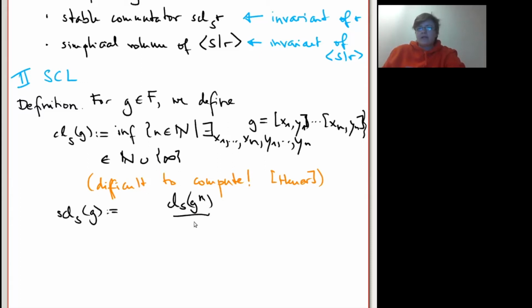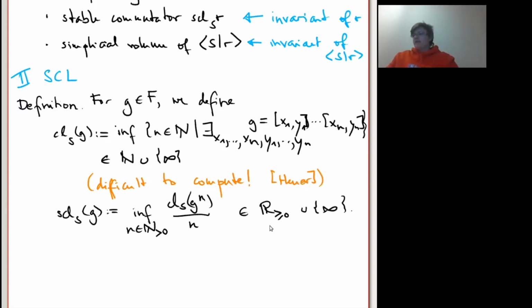But then, of course, it's wise to normalize by the power, and then you take the infimum over all these numbers. And that gives something that a priori could be any non-negative real, or if no power ends up in the commutator subgroup, then of course you get infinity.